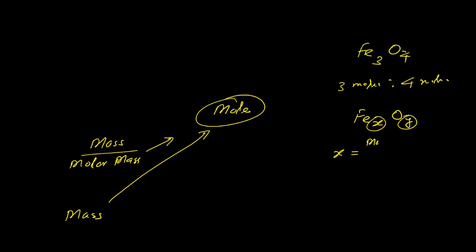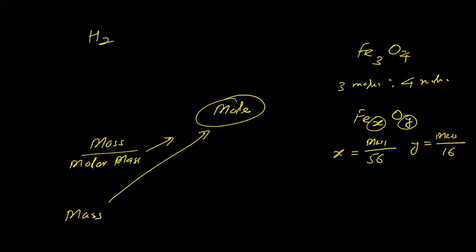It will be its given mass divided by its atomic mass. And what will be Y? Y will be the oxygen mass divided by 16. Is that clear or not? Our aim is to get the values of X and Y. The moment we get X and Y, we will get the formula. If anyone is not clear about it, tell me.